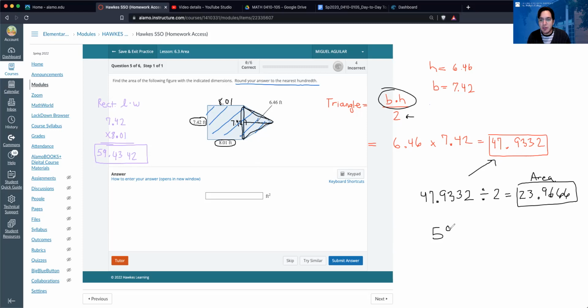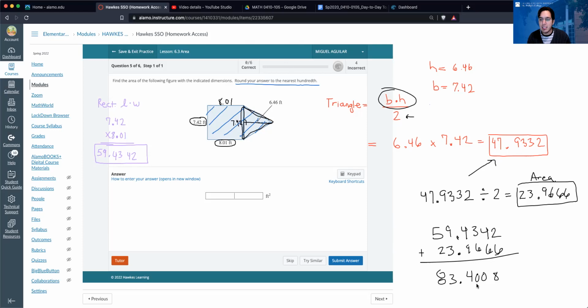So the 59.4342 plus the 23.9666. And I'll just throw this in the calculator as well. So plus 59.4342. And I'm getting 83.4008. Still need to round this to the nearest hundredth.